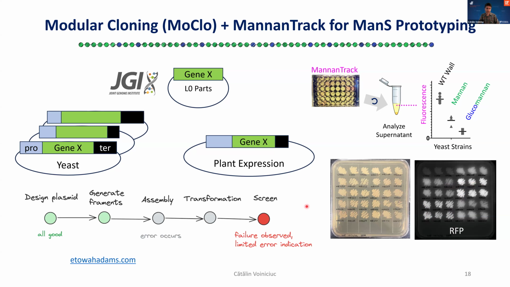The big problem to all of this, and it's nicely summarized by this neat diagram, is that we have the plasmids, we've done the design, everything's good. Now it's time to make our final constructs, putting the promoter, our expression vector. You can do all that and not learn anything if an error occurs.